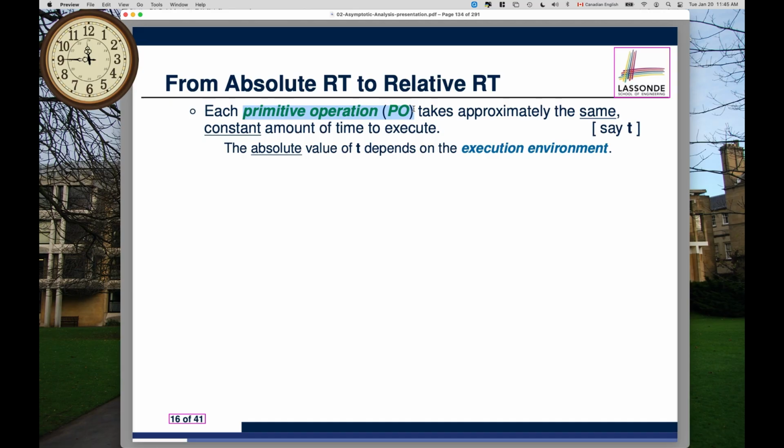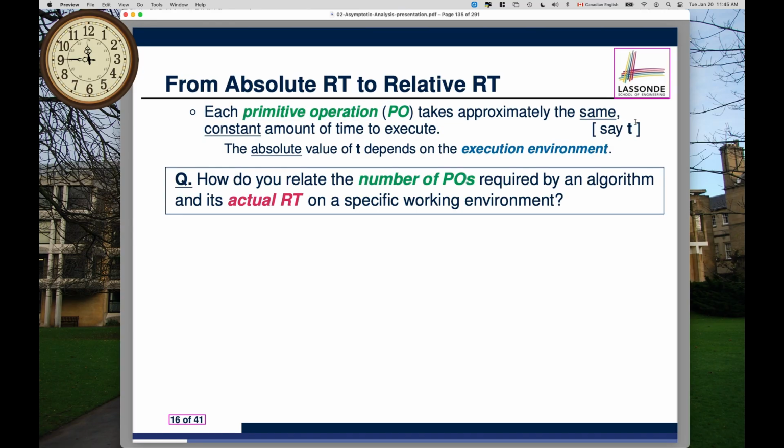So we just simply say a little t over here. I'll talk about the t in just one moment. So here is a critical question. Let's understand what this question is really saying, and then we'll build up our understanding.